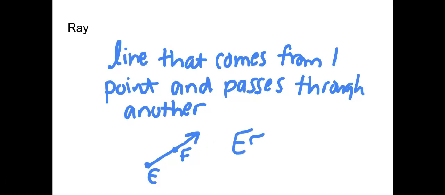So I have E, F with a line over the top and an arrow going in one direction. The arrow always goes in the direction that that point is passing through. So if it starts with E, it's going to start with E and go through F, so F comes second.